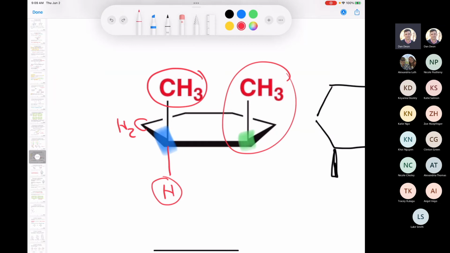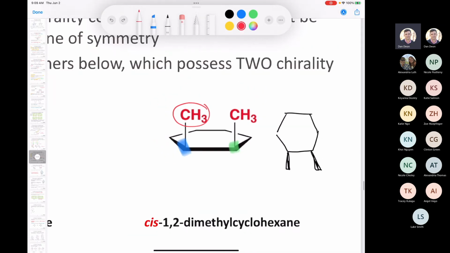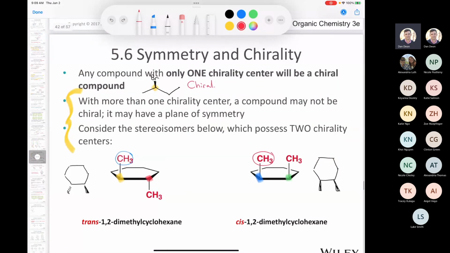But every carbon that I have highlighted in these 2 molecules, the red, the yellow, the blue, the green, those are all chiral carbons. But here's what's interesting. One of these compounds is chiral and one of them isn't. Now hold on, listen to what I said very carefully. They all have chirality centers. However, sometimes you can have more than one chirality center and the compound may not be chiral.